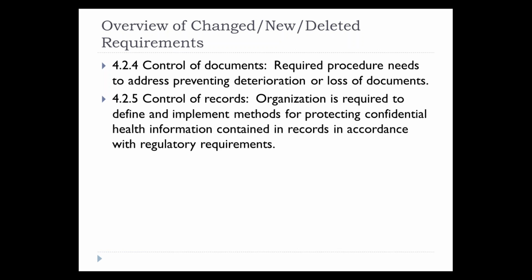And the new requirement in 4.2.5, the organization is required to define and implement methods for protecting confidential PII or PHI, personal identifiable information, or personal health information contained in records in accordance with regulatory requirements. So if your device is such that you're going to have some personal identifiable information or personal health information, you need to have a process for protecting this information.